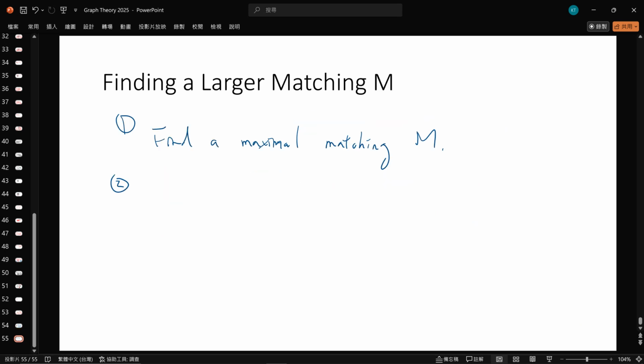After we have a matching M, we're going to find a larger matching by finding the M augmenting path. Call this path P. Then we're going to use this path P to find the larger matching. To do so, we're going to take the exclusive OR.